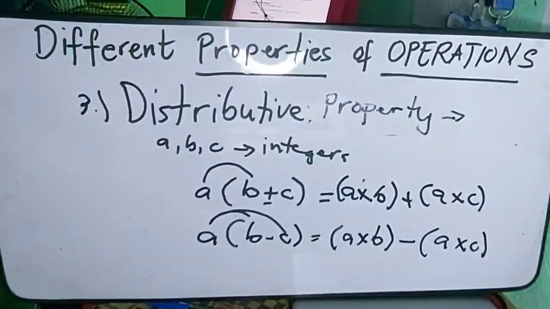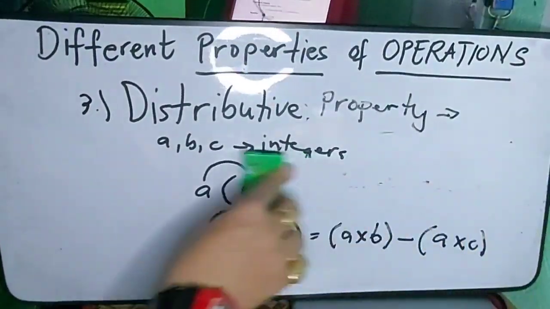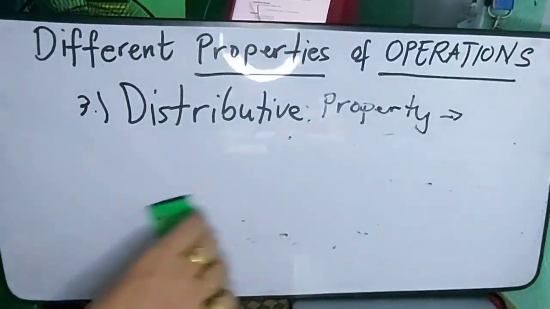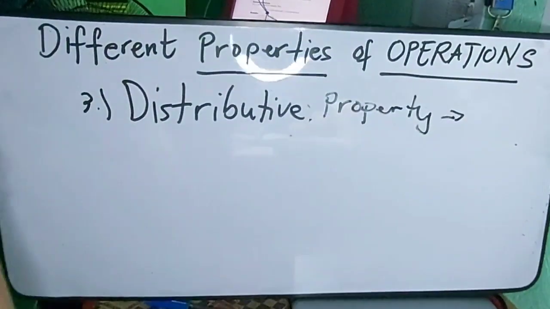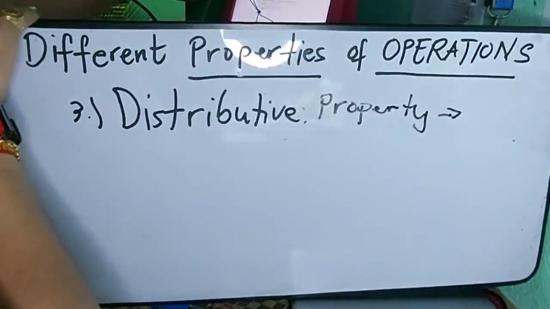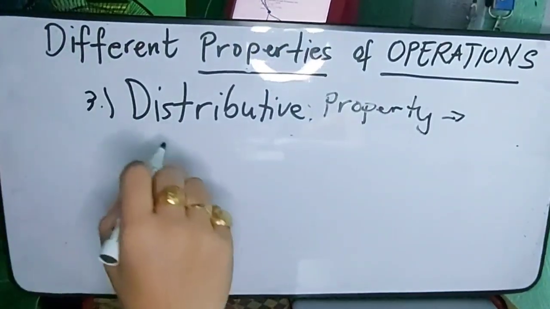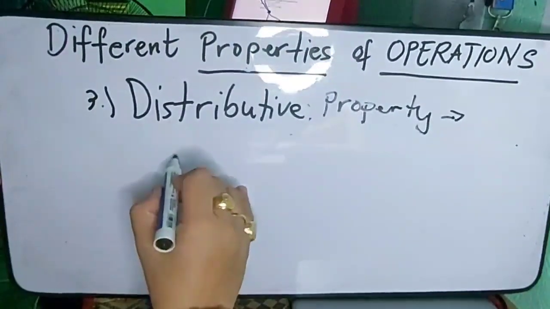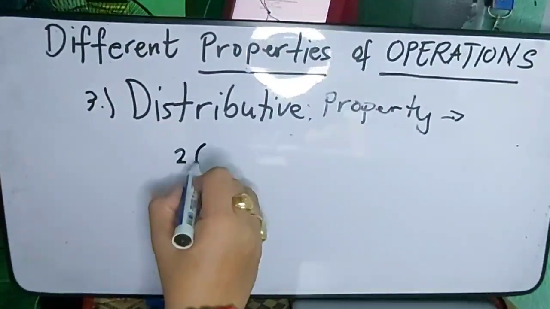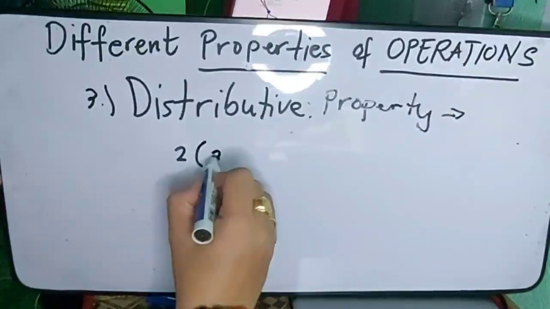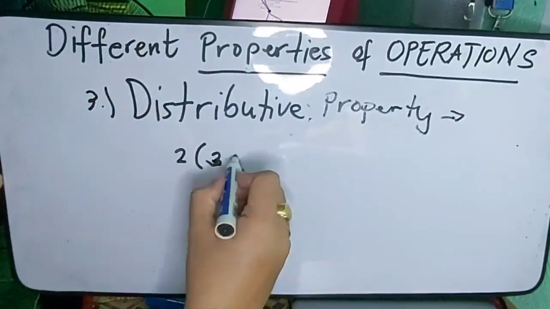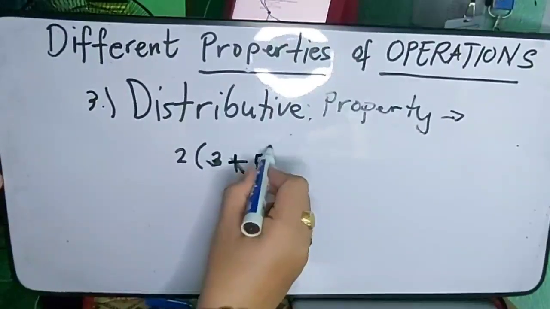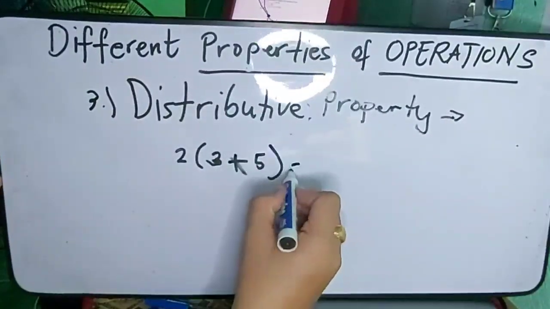How to do the distributive property? For example, 2 times the quantity of 3 plus 5. Let's perform.